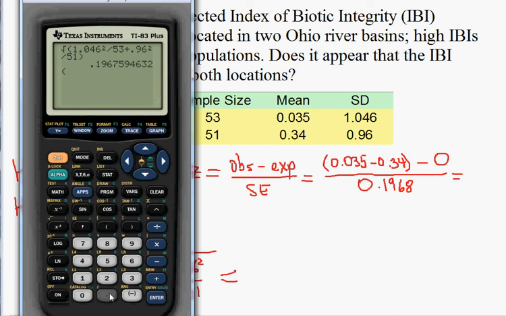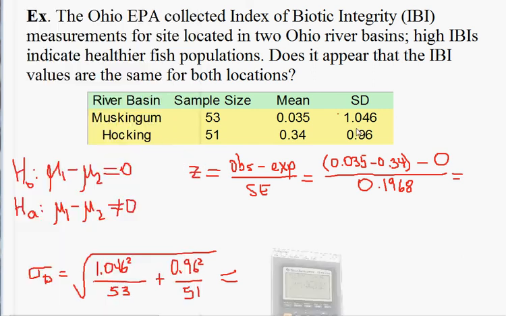So that'll be equal to 0.035 minus 0.34 divided by the standard error that we just got, which gives us negative 1.5501. Okay, so that's our z value. And I should have written that down here. 0.1968 was the standard error.